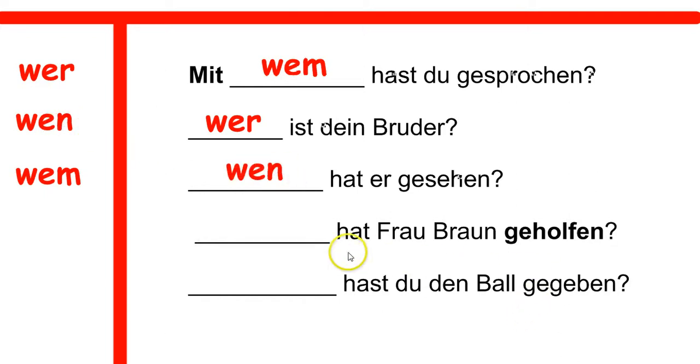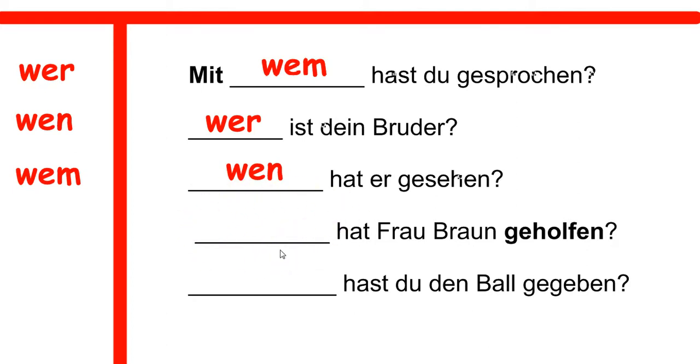Now, in this particular question, I've bolded something, and we'll talk about that in just a minute. So, blank hat Frau Braun geholfen. All right, so blank, Frau Braun did help who or what. So technically, this is the direct object.